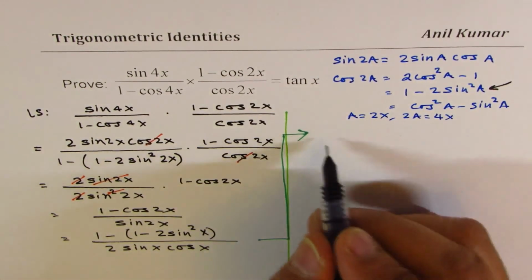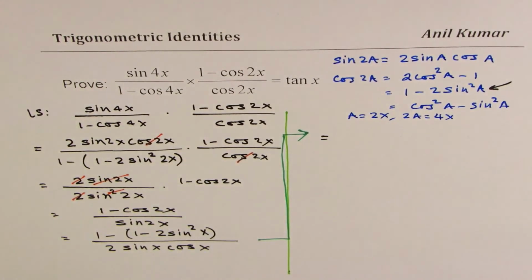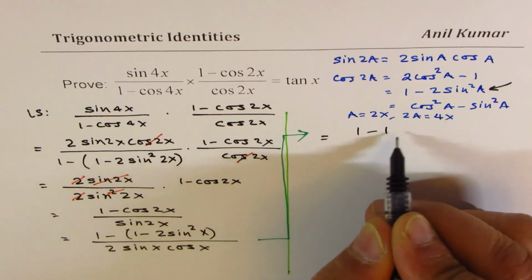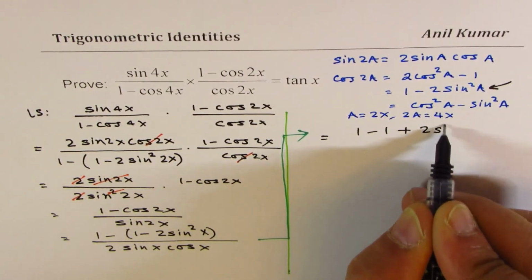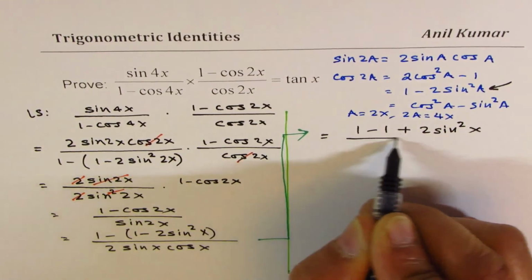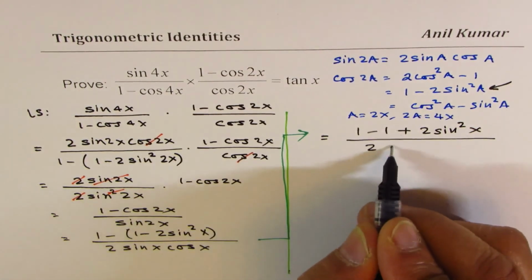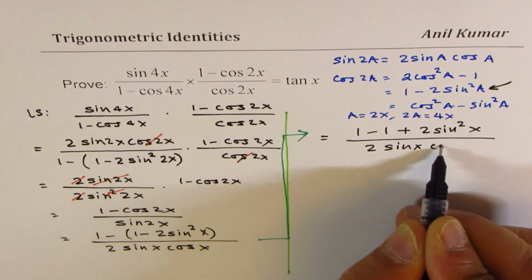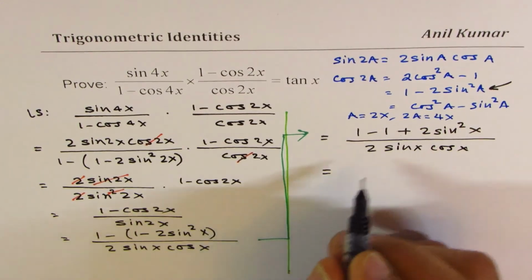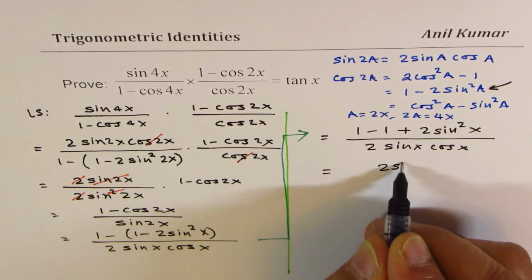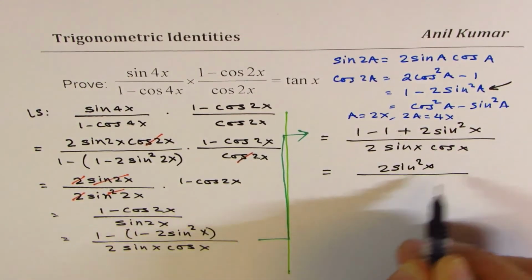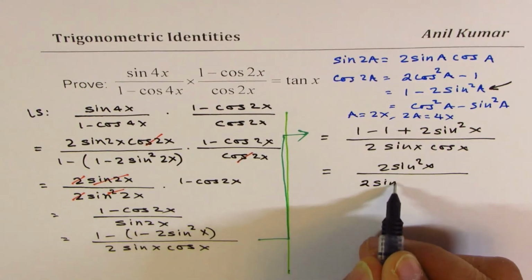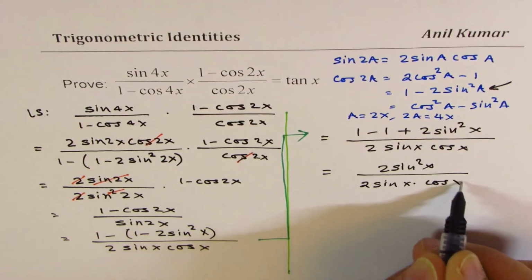We can write our left side as equal to, if I open this bracket, 1 minus 1 plus 2 sine square x divided by 2 sine x cos x. 1 minus 1 is 0, so we are left with 2 sine square x over 2 sine x cos x.